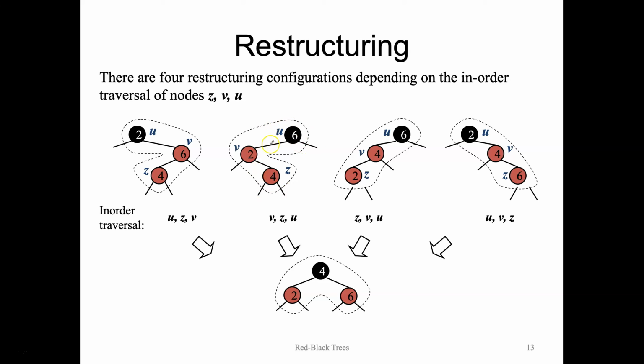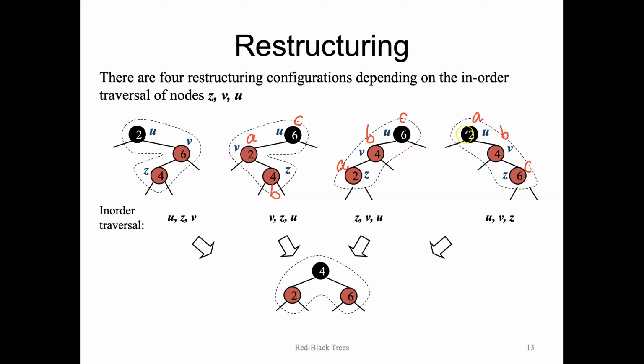For the second one here, we would label this is our smallest, so that's A, B is our middle, and C is our largest. In this one, A is our smallest, B is our middle, and C is our largest. Here A is our smallest, B is our middle, and C is our largest. Just of those three nodes that we're working with, the double red and the parent of that double red.